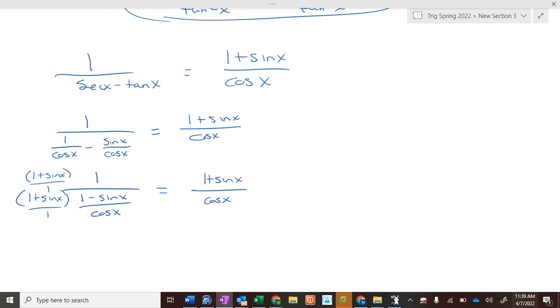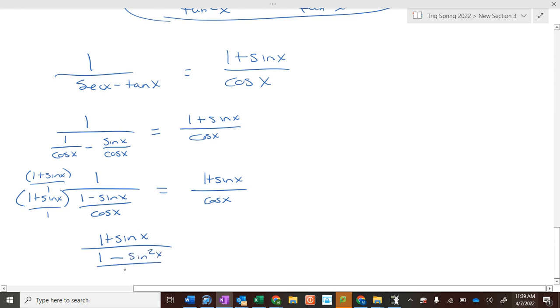Uh-oh. Did I do something wrong? So then we get, if we multiply both the top and bottom by 1 plus sine of x, I get 1 plus sine of x. Oh, no, I'm good. And the bottom, 1 times 1 is 1. Outers and inners of conjugates always cancel. Minus sine of x times sine of x is sine squared of x over cosine of x.